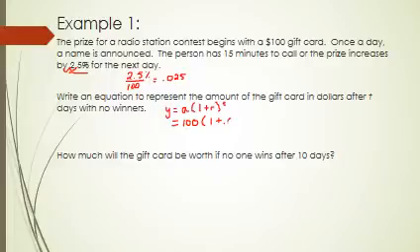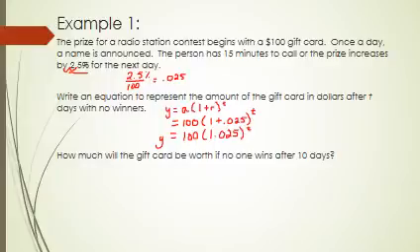So we've got 0.025, and t, they have not given us a time yet, so we're still going to use that as a t. And then right here, all we need to do is just add what's in the parentheses. So 100 times 1.025 raised to the t power. And there is our equation.